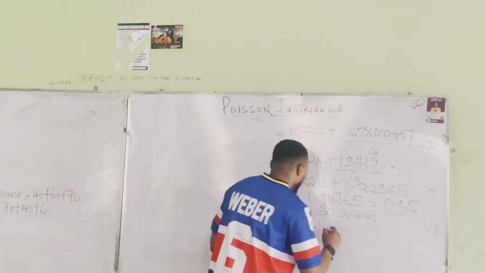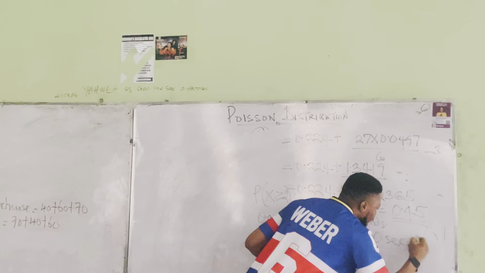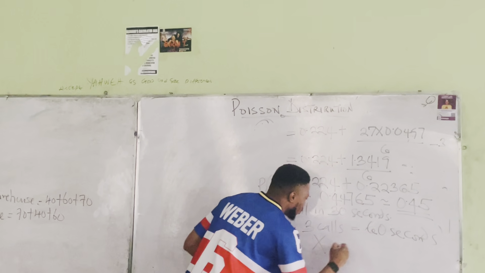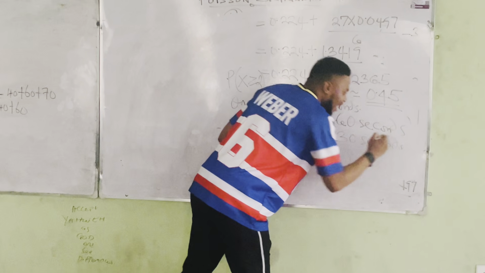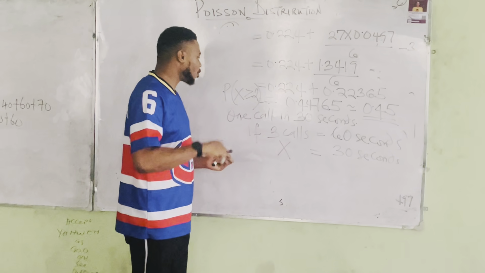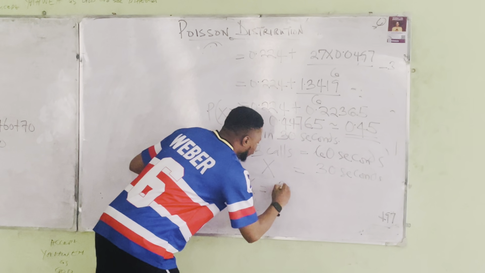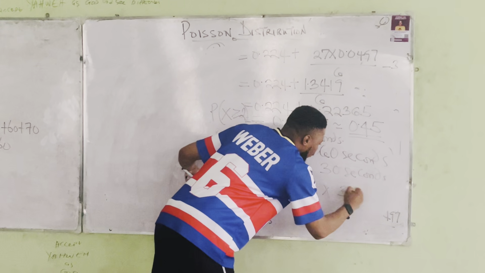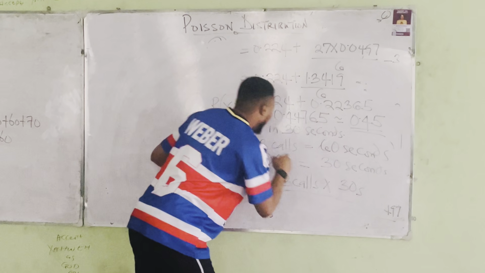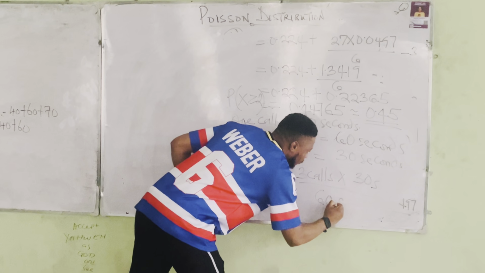So it will be 60 seconds. If 3 calls is equal to 60 seconds, x will be equal to 30 seconds. So we need to make x the subject in the formula. It means x will be 3 calls times 30 seconds divided by 60 seconds, by cross multiplying.